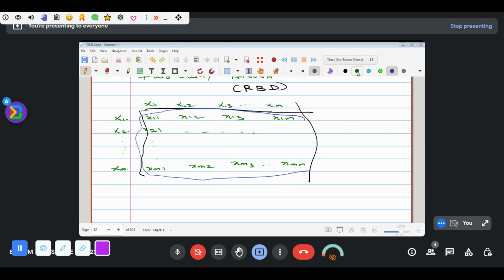So what is the next one? You need the sum of xi dot. Sum of xi dot means row-wise calculation. We add this, meaning row-wise calculation, and also add this, meaning column-wise calculation. Therefore this notation x dot j is a column-wise summation.